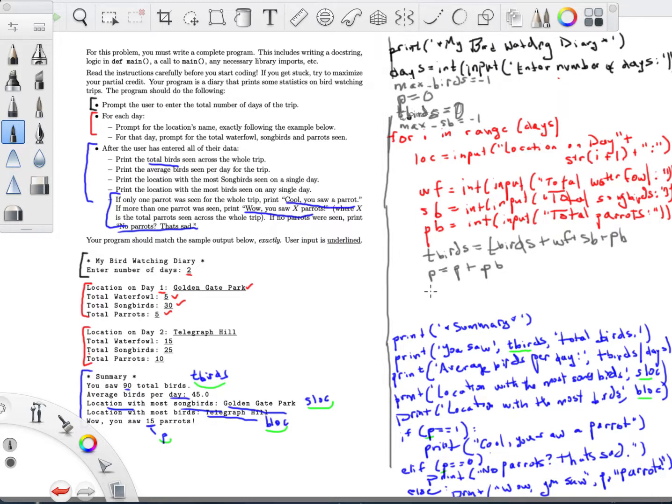So here's where I would say if songbirds is greater than max songbirds, then replace max songbirds with the total number of songbirds. And also remember S-loc as this location.